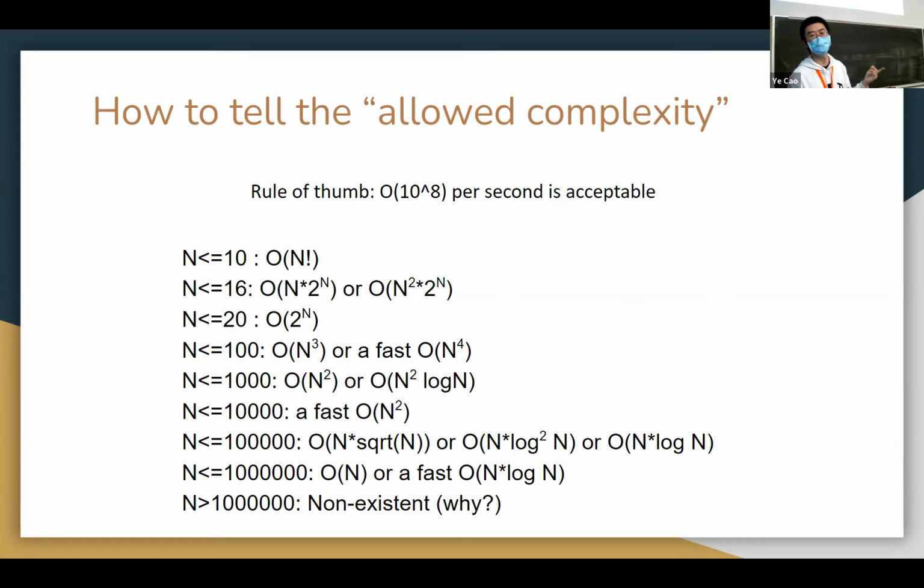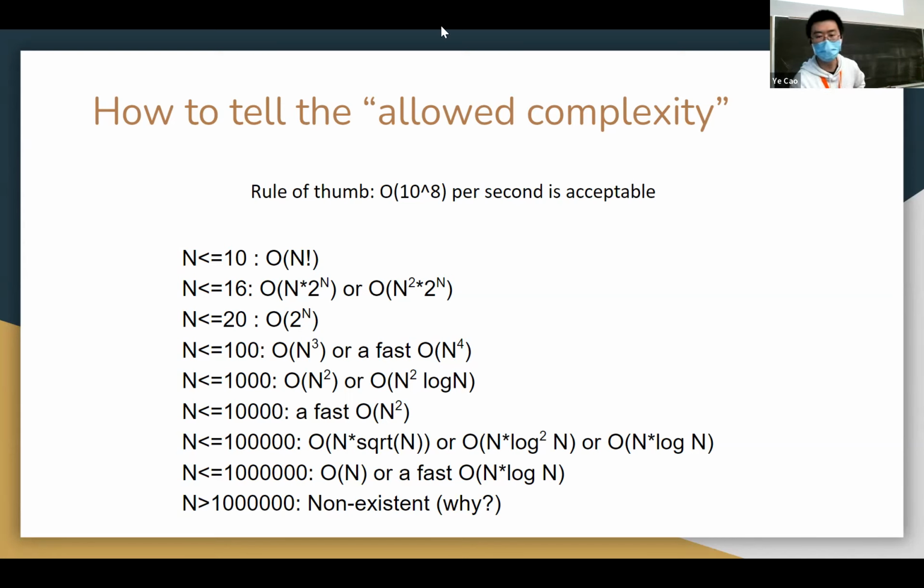For n ≤ 100, an exponential algorithm does not work because 2^100 is just enormous. You have to write something polynomial. It's either n³, or if you can write a really fast n⁴, you can probably do that. When you see n ≤ 1,000, n², you can pass that easily. n² log n, no problem.